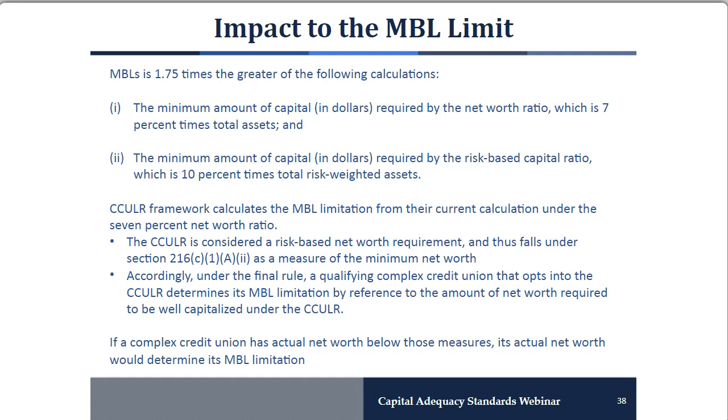Then you can compare the minimum capital level required to be well capitalized in dollars under CULR or RBC, compared to the 7% total assets. The MBL limit will be 1.75% of the greater of the two. Next slide, please.